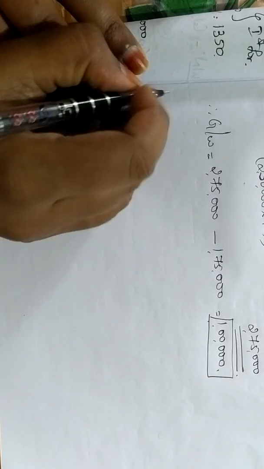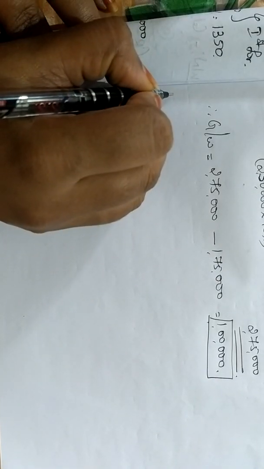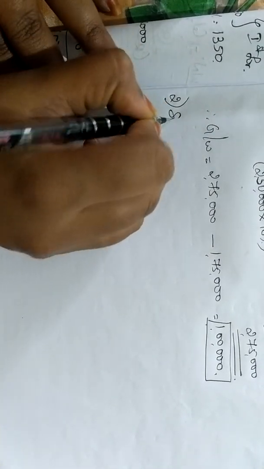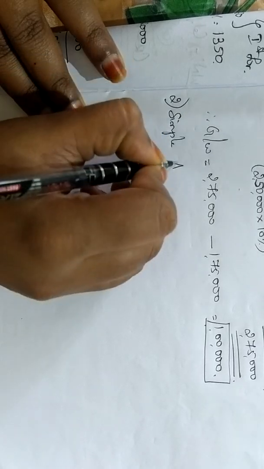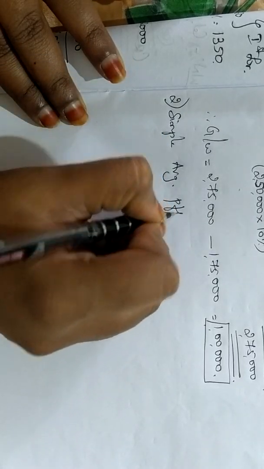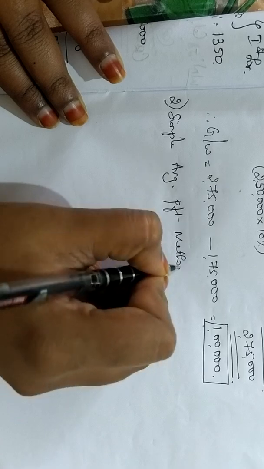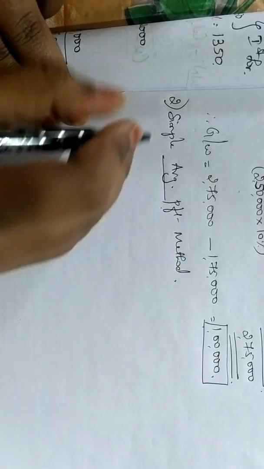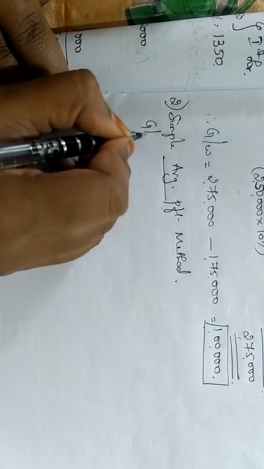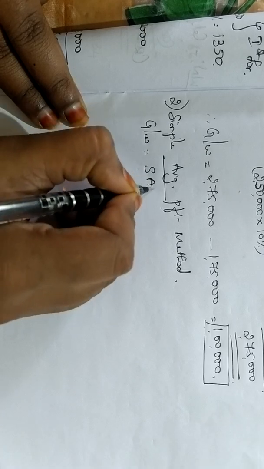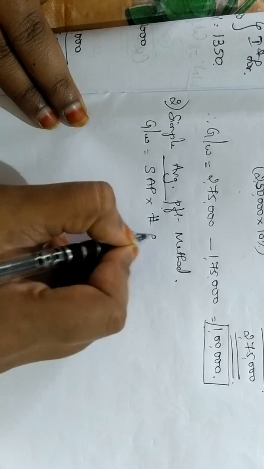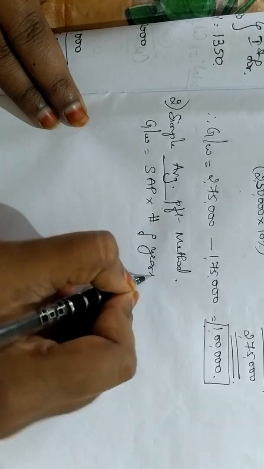So I am writing here second one, simple average profit method. Write the formula here. Goodwill is equal to simple average profit into number of years purchase.